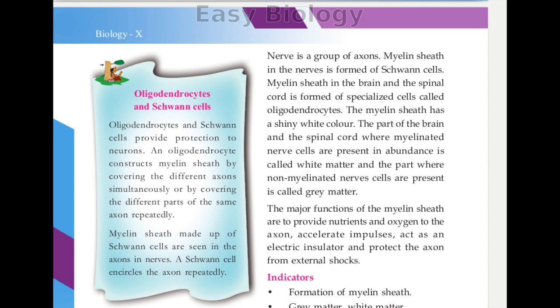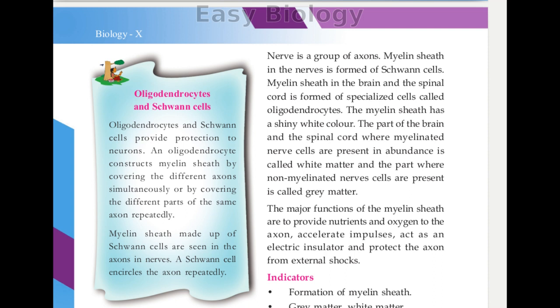The part of the brain and spinal cord where myelinated nerve cells are seen is seen as white. So that part of the brain is known as white matter, and the part where non-myelinated nerve cells are seen is grey in color, and that is known as grey matter.